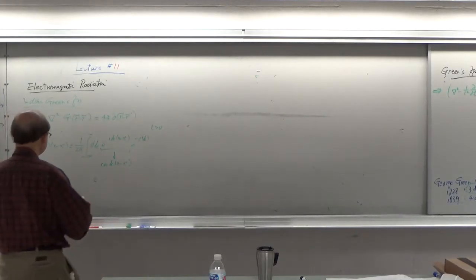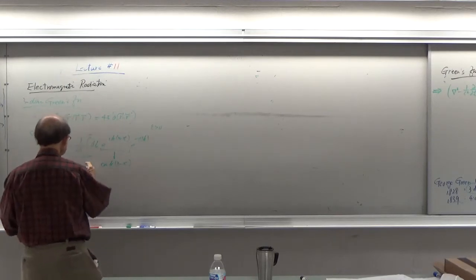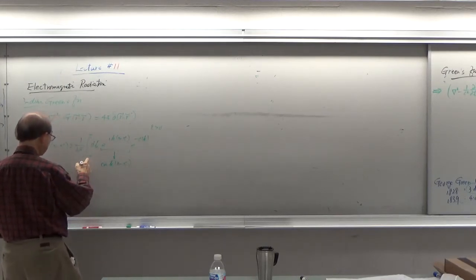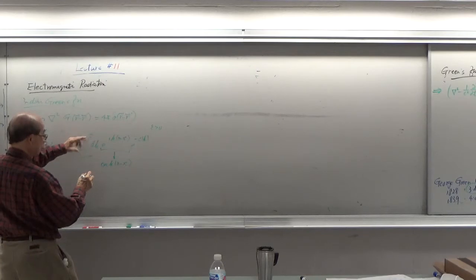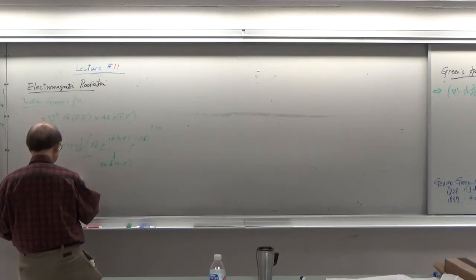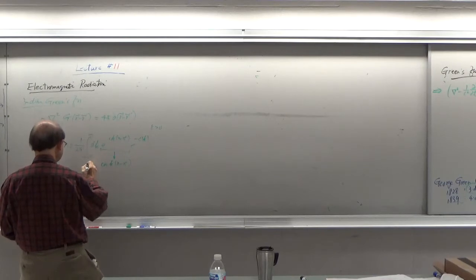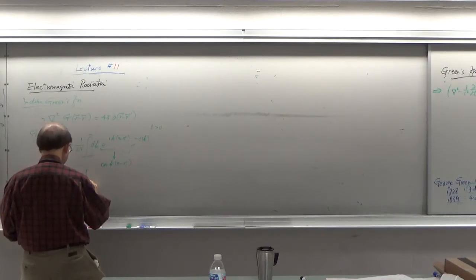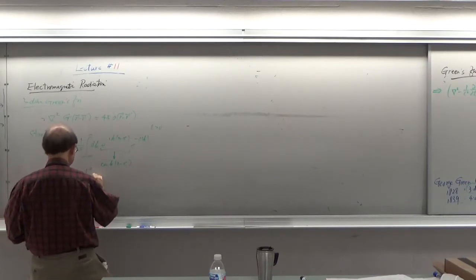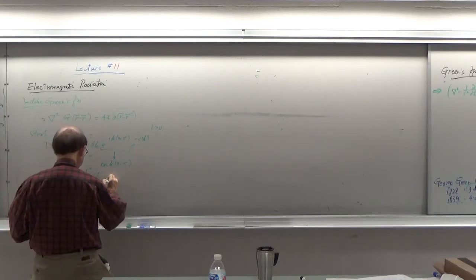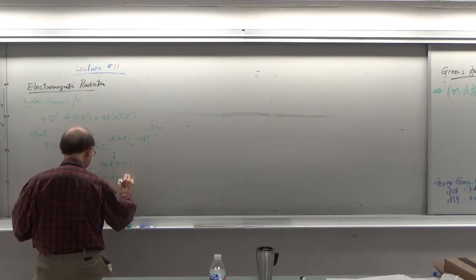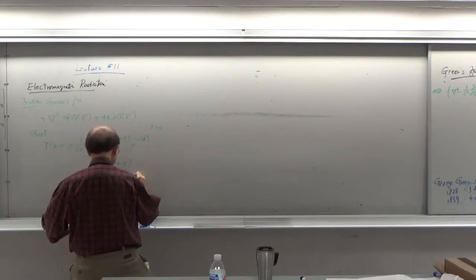Then I can rewrite this. Instead of integrating from minus infinity to infinity, it's symmetrical between the two, so multiplying by a factor of 2, it's 1 over pi, and the integration is from 0 to infinity, dk of cosine k (x minus x prime) times e to the minus epsilon k.